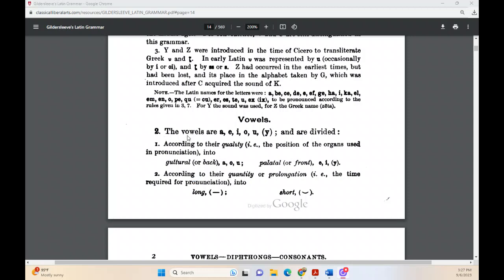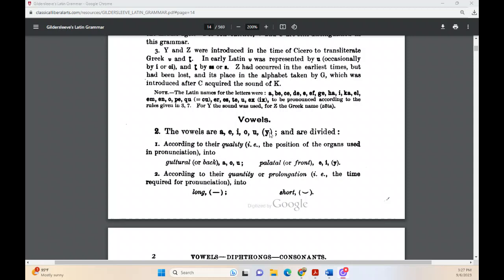We learned that the vowels in Latin are, and these are the names of them, so just listen along: a, e, i, o, u, and upsilon.